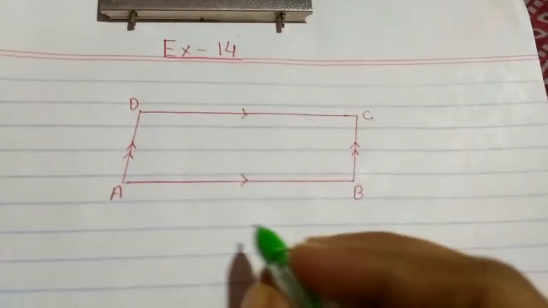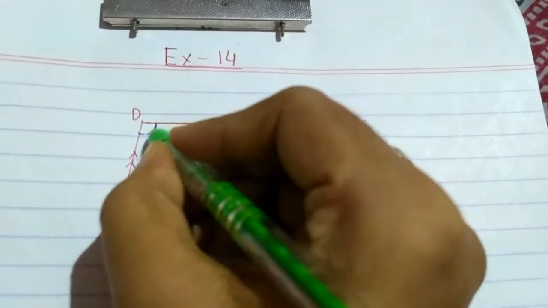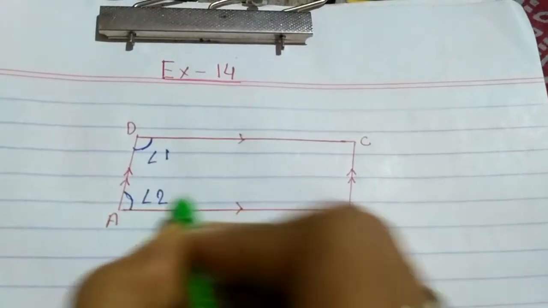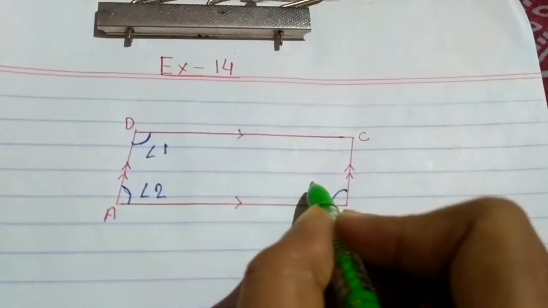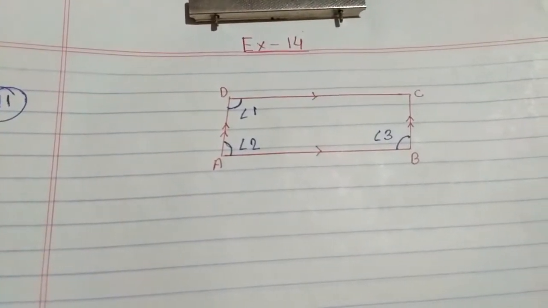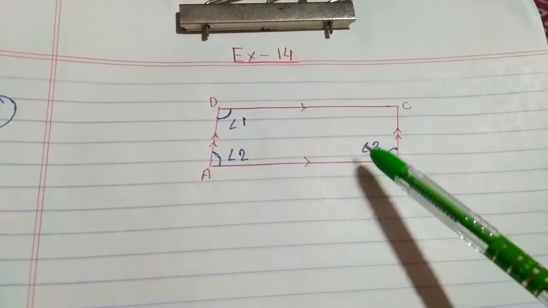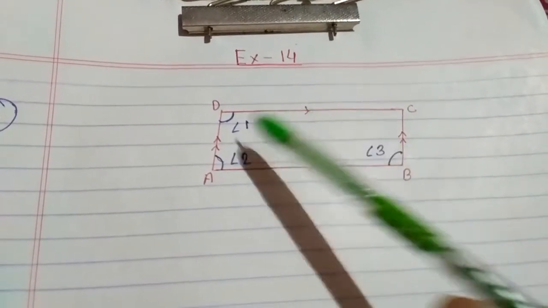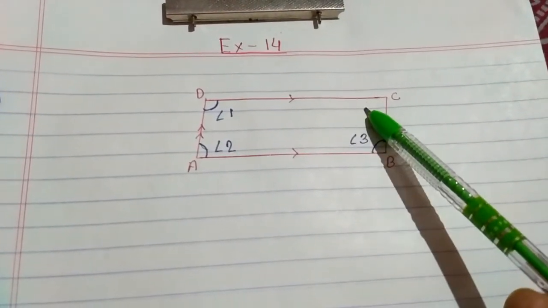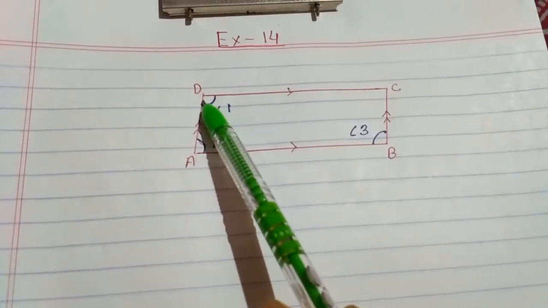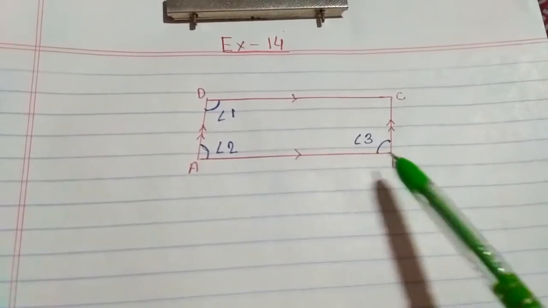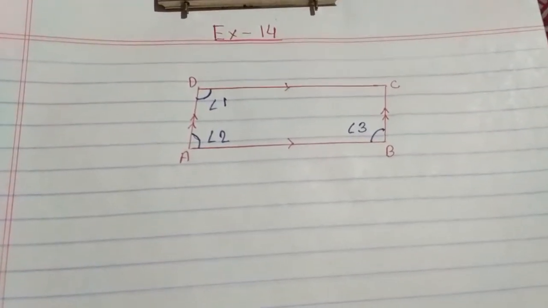For the figure, this is angle 1, this is angle 2 and this is angle 3, if you don't have any problem. Understood my words? First give some names to these angles. You can also give one a name, but you only have to find out that this angle is equal to this angle. That means angle ADC equals angle ABC. Only this thing you have to find out.